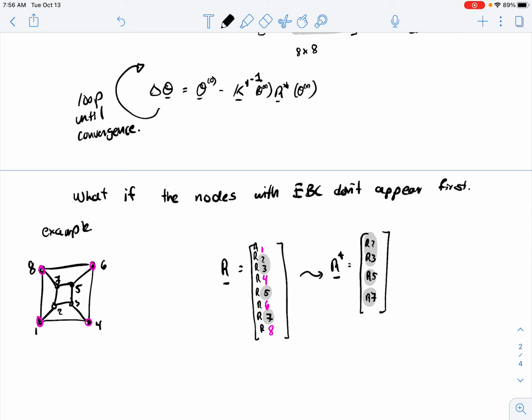So even though I can assemble the entire thing, which is size number of nodes, I still need to isolate the subset that only has the free nodes, or the degree of freedom nodes.